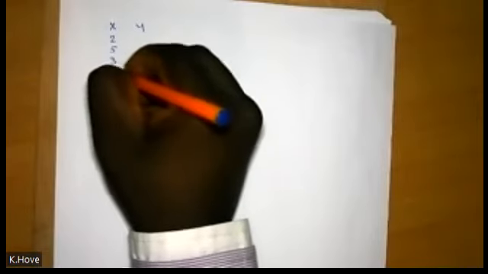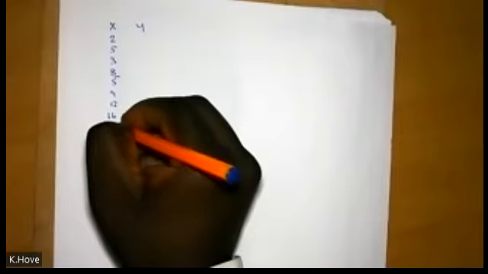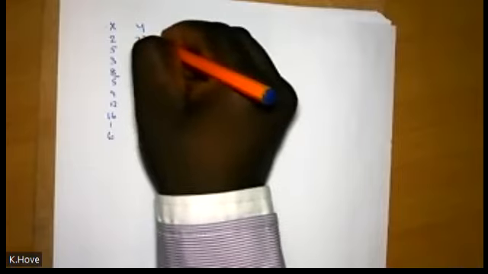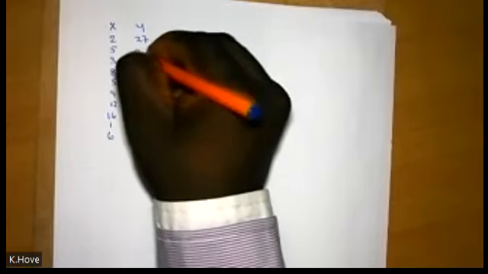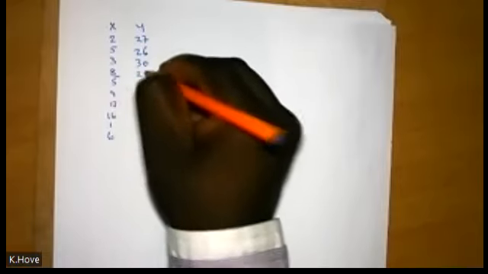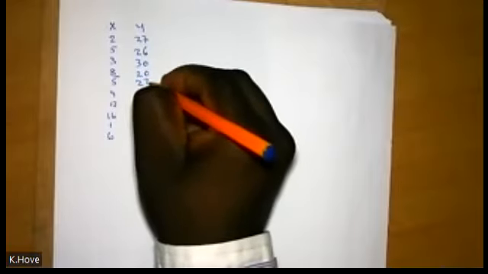So our x is 2, 5, 3, 8, 5, 9, 12, 16, 1, 6. Y is 27, 26, 30, 20, 22, 20, 16, 15, 30, and 19.